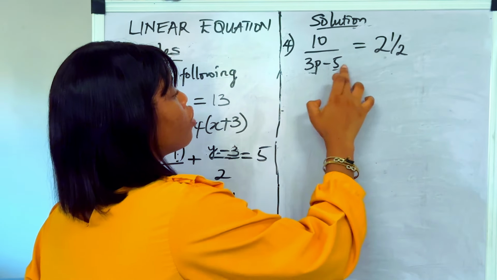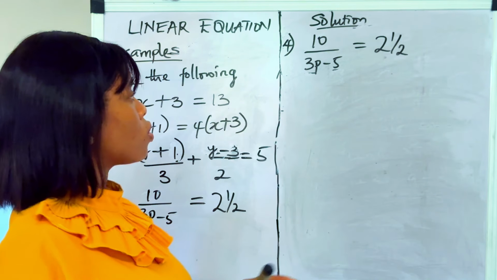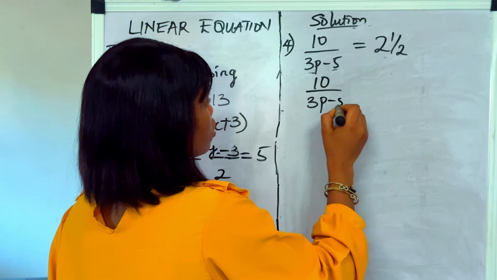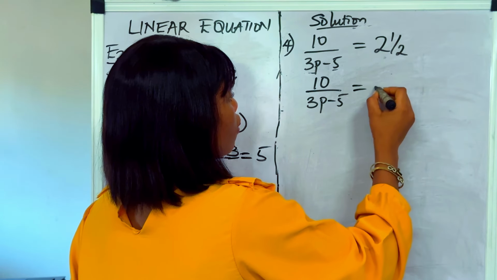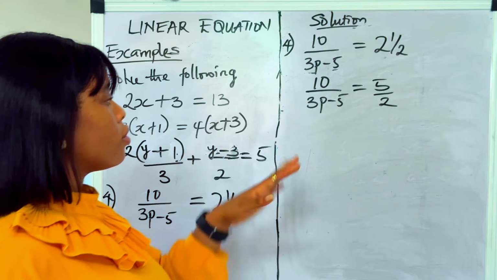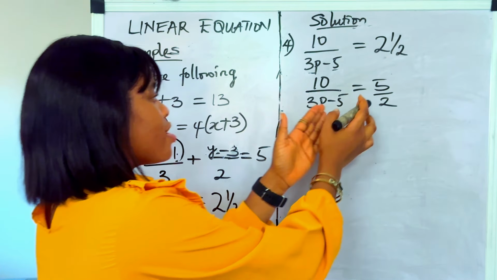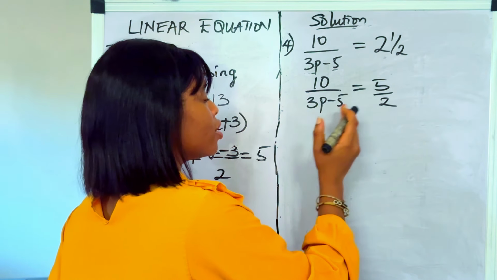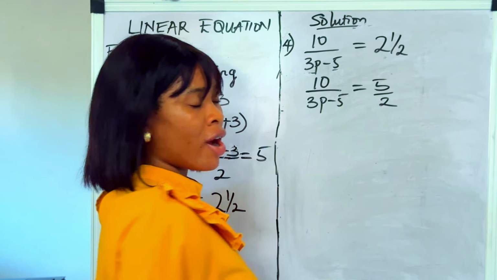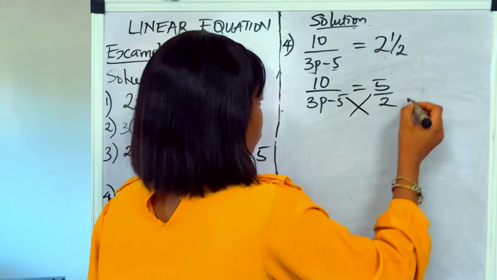But first of all, you can see that this is a mixed fraction. So we have to change it to an improper fraction. So this gives us 10 over 3p minus 5 equals 5 over 2. Now, from here, being that we have an equal sign in the middle between the two fractions, what we do is to cross multiply.